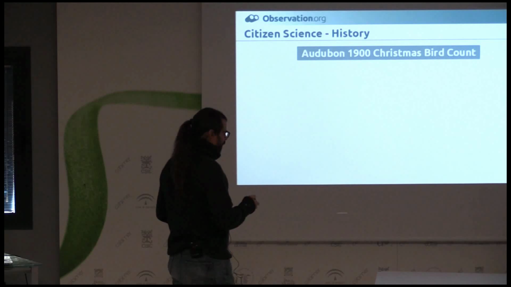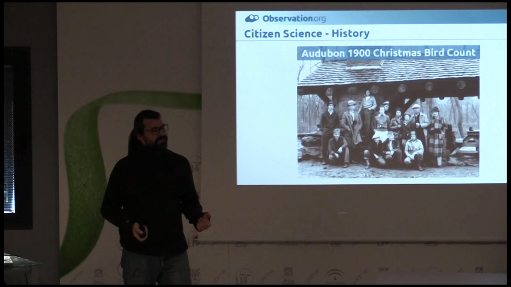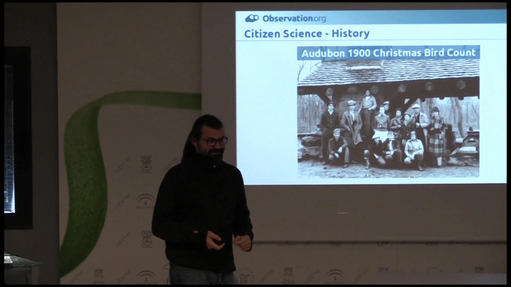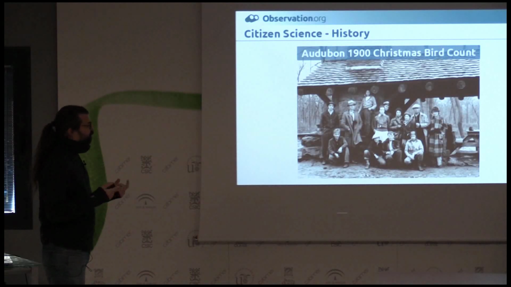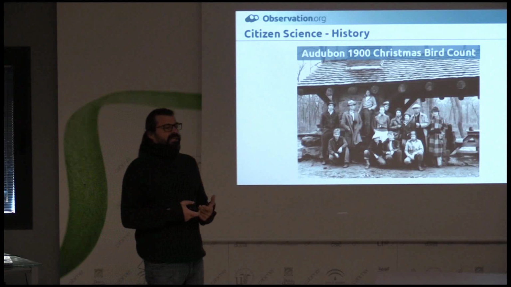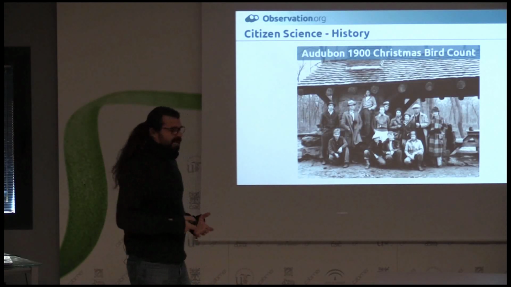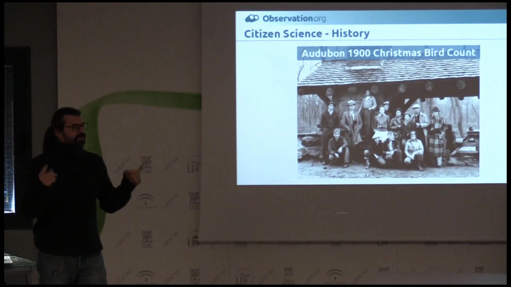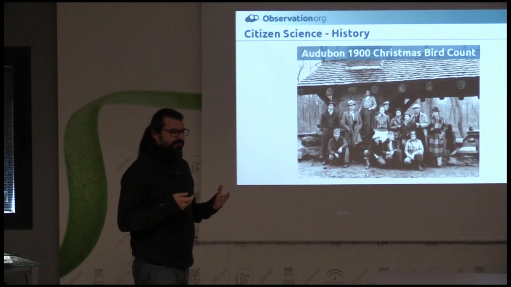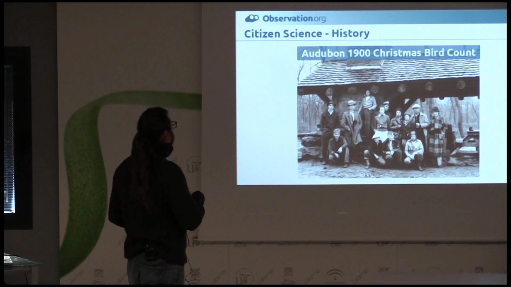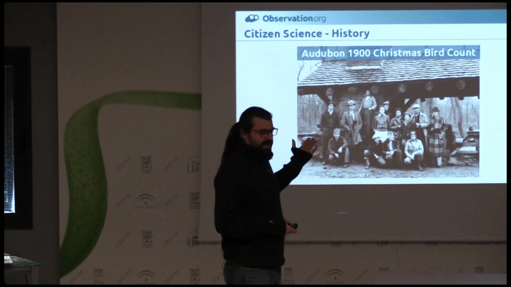Usually when people go back home at Christmas, they used to hunt with the family in the States. So the Audubon Society proposed a campaign to observe all the birds you can during those days and send your annotations to the Audubon Society. So they made the first network of bird observers during that Christmas. And it's something that is still being done 120 years later.